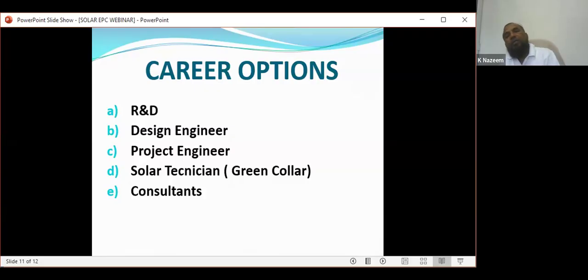Now the fourth one is the solar technician. We need more than 1 million. I can share you some screenshots from a Mercom website. There is a demand of 1 million technicians in the renewable energy from India to the overseas countries. 1 million means 10 lakh technicians are required for the global renewable energy sector.